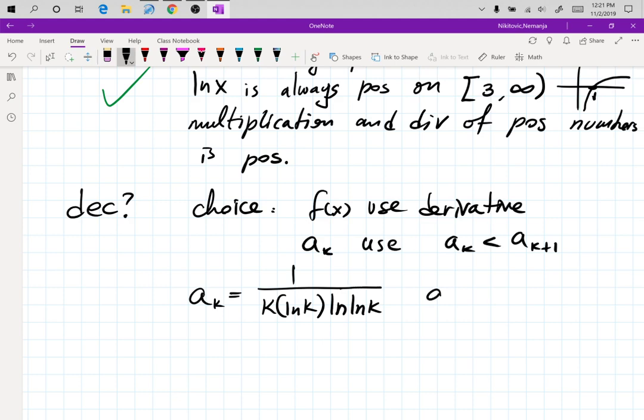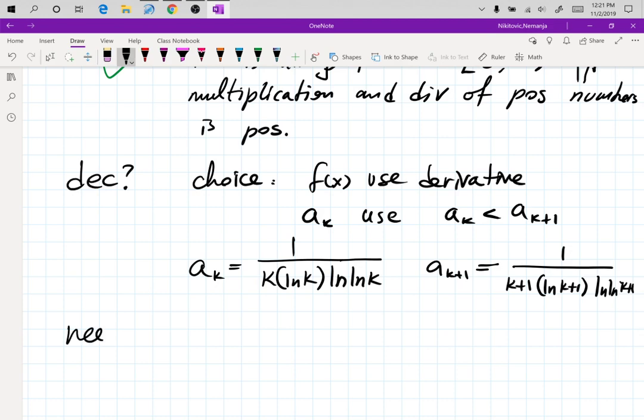My a_k plus 1 is 1 over k plus 1 ln of k plus 1 ln of k plus 1.